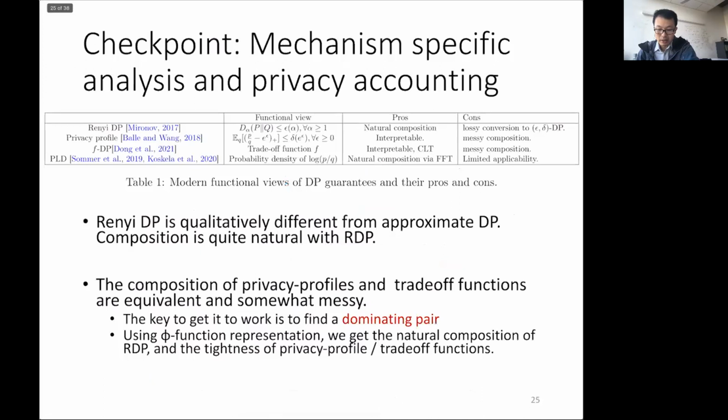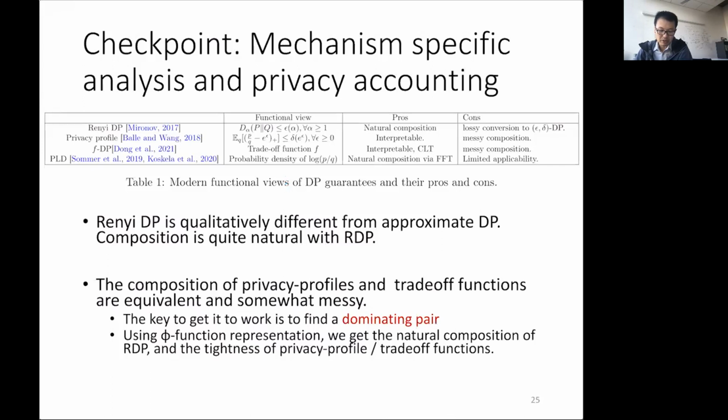As a checkpoint, so far we've talked about the mechanism-specific analysis and the corresponding privacy accounting. We've covered the pros and cons of various approaches of representing a mechanism by a function and converged to the analytical Fourier accountant, which represents the characteristic function of a dominating privacy loss random variable.